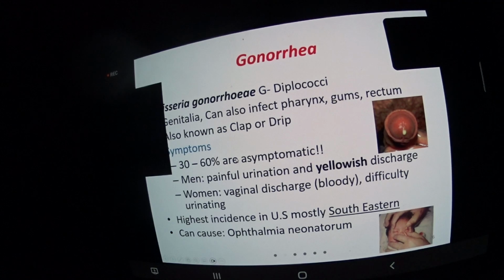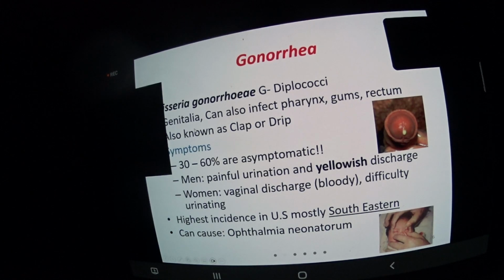With all of the sexually transmitted diseases or infections, I'm mentioning it here, sexual intercourse and sexual activities can take many different forms: oral, genital, and also anal.